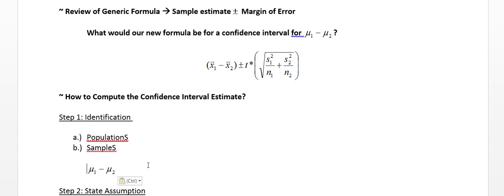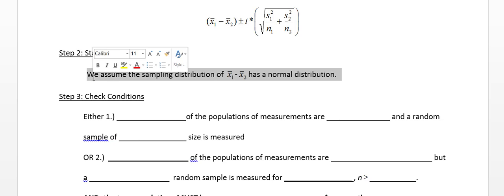So next, moving into step 2, we're going to state our assumptions, and here we have to assume that the sampling distribution of x bar sub 1 minus x bar sub 2 has a normal distribution. So remember, that's a gimme because of the formulas that we're using.